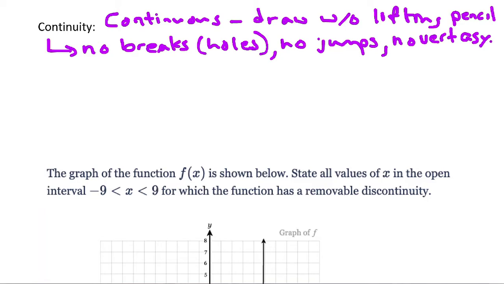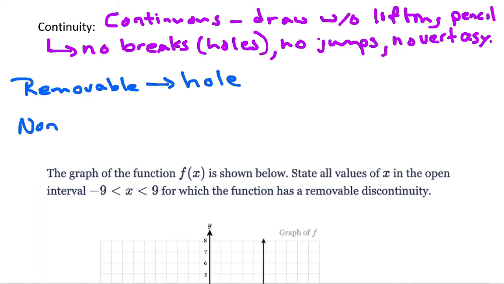So when we're talking about continuity, there are two types of discontinuity that they talk about within calculus. One is called removable, and that refers to a hole, even if the hole is redefined. That's called removable discontinuity.